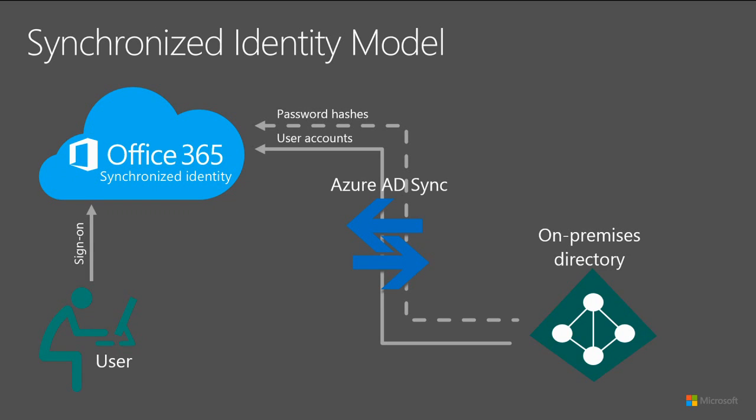But the nice thing about that is when the user is accessing Office 365, they enter their username and their password is there, and bingo, they get logged into the system. Once again, we're taking this information from the on-premises Active Directory and moving it up. Fairly simplified model in that case.